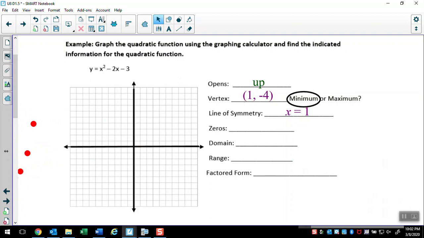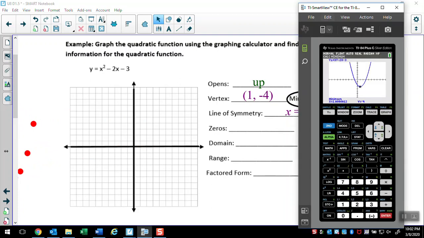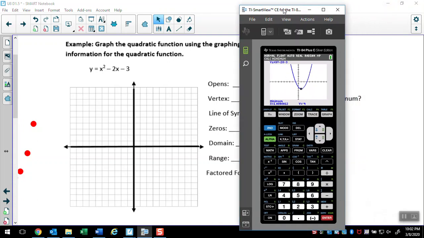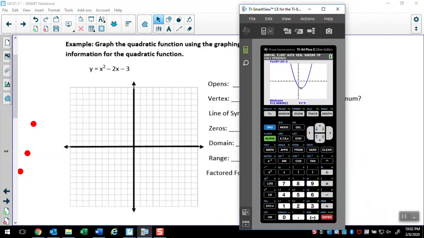All right, so before we do that, the next thing we're going to do is utilize our calculator again to make a table. So once we found our vertex, so we had that 1, negative 4, now I'm going to go to the actual table in my calculator.